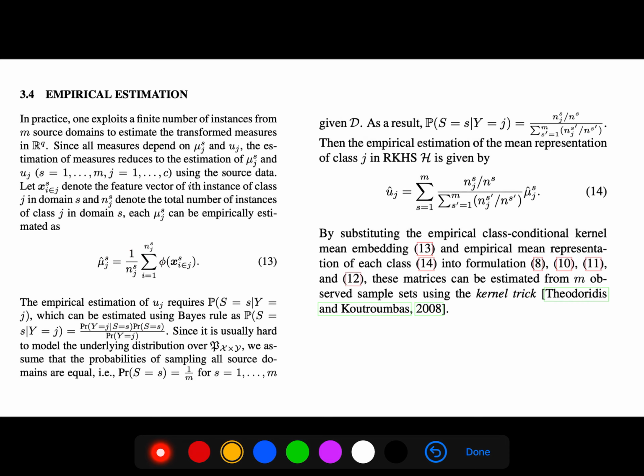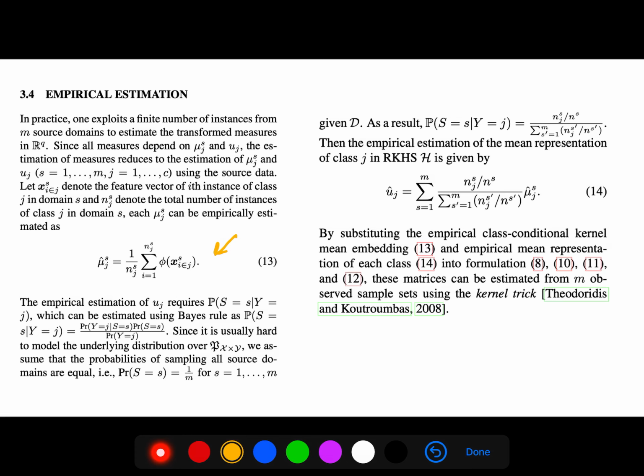So in practice, one exploits a finite number of instances from M source domains to estimate the transform measures. Since all measures depend on mu sub j and u sub j, the estimation of measures reduces to the estimation of mu sub j and u sub j using the source data.